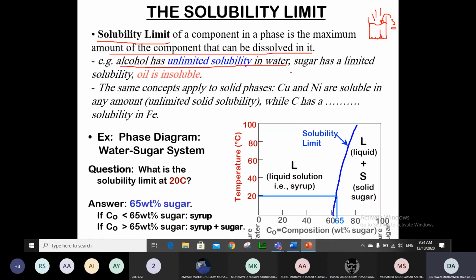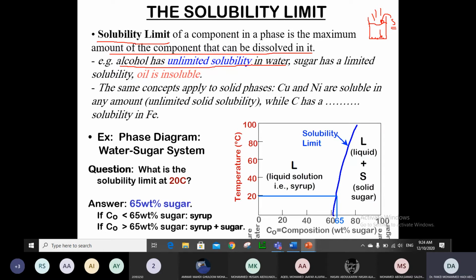Water and alcohol can mix together at any rate. You can have 90% water, 10% alcohol, or 90% alcohol, 10% water, whatever combination you are looking at, it will not produce any other phase in the material. It will not precipitate, it will not form anything else.